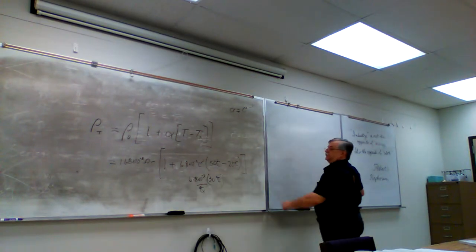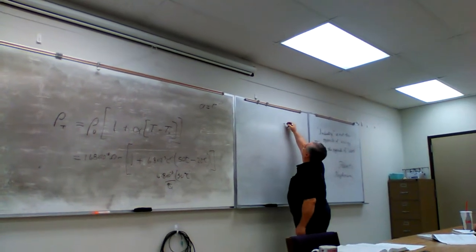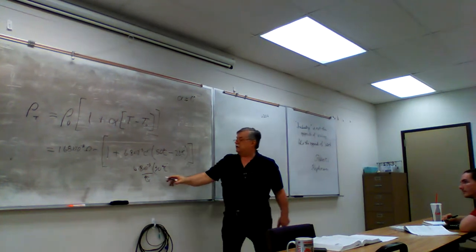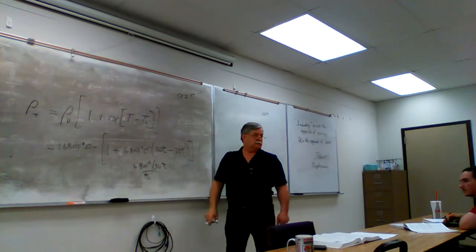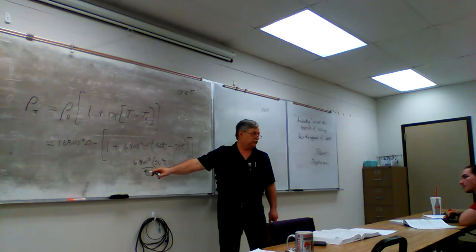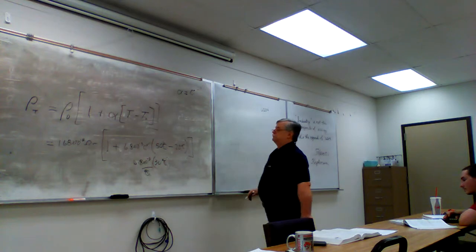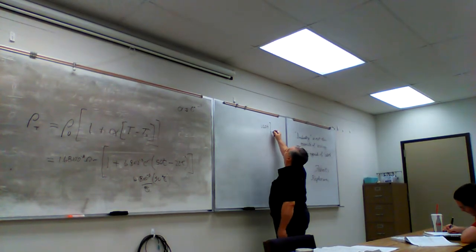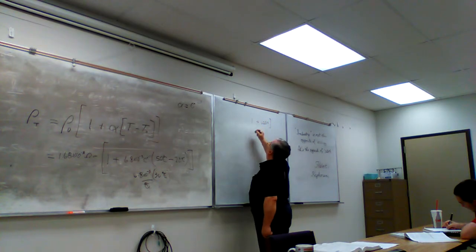What's this? 0.204. You'll notice that it is now unitless. The degrees C cancel out with the 1 over degrees C. So it's just 0.204 added to 1.